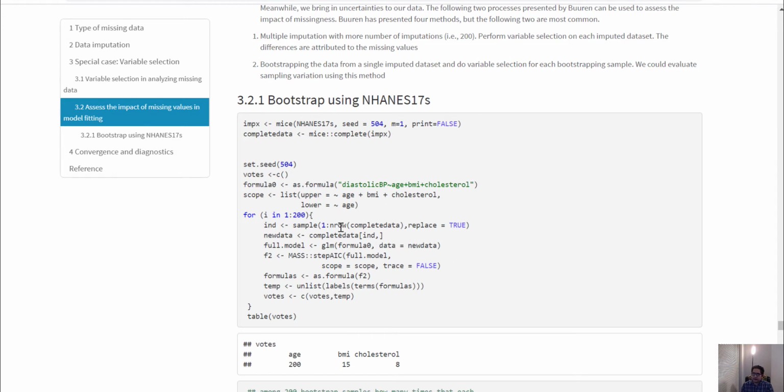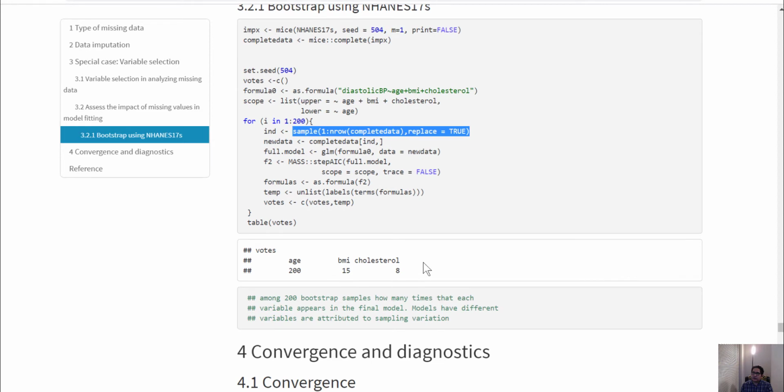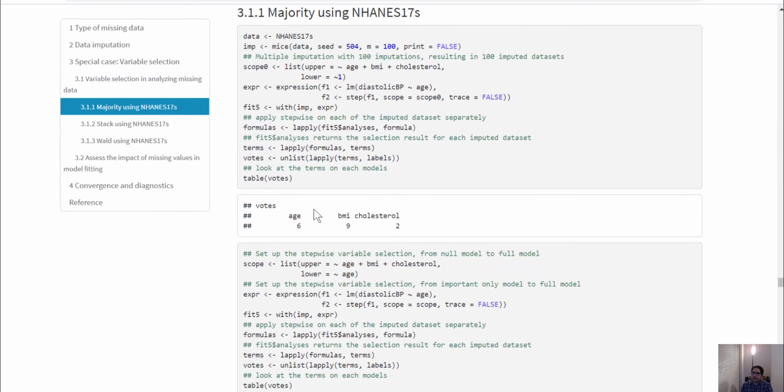Here is an example where the Bootstrap was used, out of 200 Bootstrap samples. What I did is I just generated one dataset and then I Bootstrapped 200 times by sampling with replacement, and out of those, this is the result, which is not very different from what we have seen here, 6, 9 and 2.